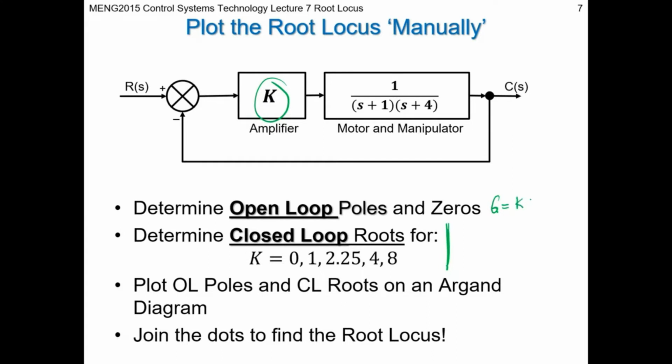Let's say GOL equals KGH, right? Our closed loop transfer function will be used to determine the location of our closed loop roots, which will be a forward path, KG, we're calling this G here, just for shorthand's sake, over 1 plus our open loop.